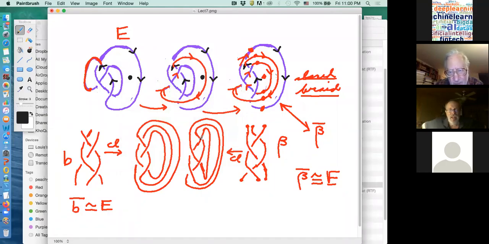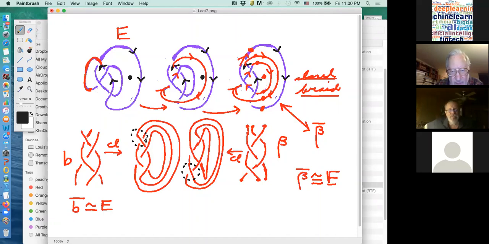This one began with a sigma 2 inverse, and this one began with a sigma 1, right? But here's the sigma 2 inverse, and here's this, and here's this, and this one is down on the bottom instead of up on the top, right? You see this? This one is down here in this one, and he's up here in this one. That makes it a different braid.